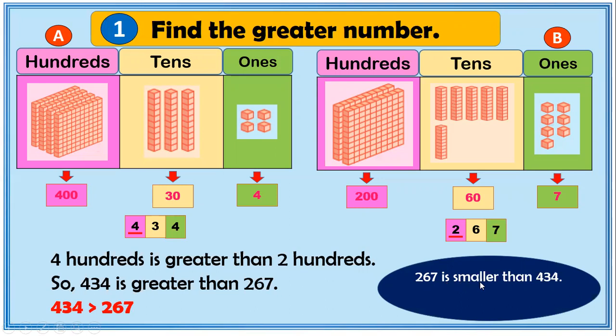And we can also say that 267 is smaller than 434. So in symbol, we'll be using this one, which means 267 is smaller than 434. So if you have noticed, the open part is towards the greater number or the bigger number, and the pointed part is towards the smaller number.